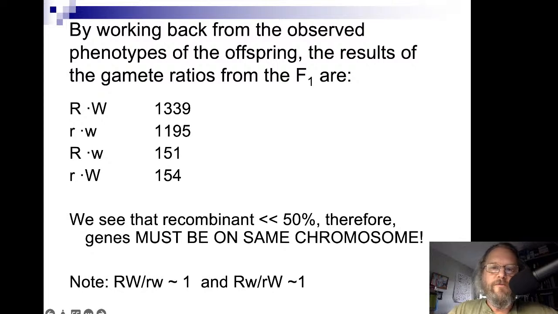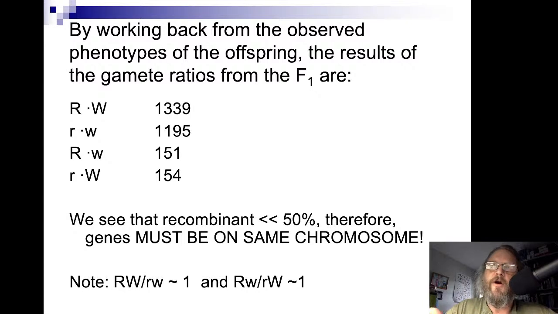So in reviewing, one of the things that I'm going to ask you to do is just to quickly tell me, is this a linkage problem, yes or no? And you should say yes, because of course these numbers are not at all close to each other. Well, these two numbers are relatively close, and these two numbers are relatively close. Clearly these are much different from this, so this is evidence of linkage.